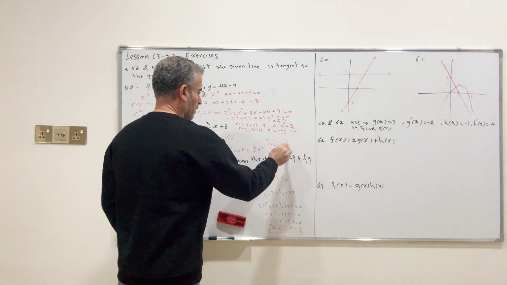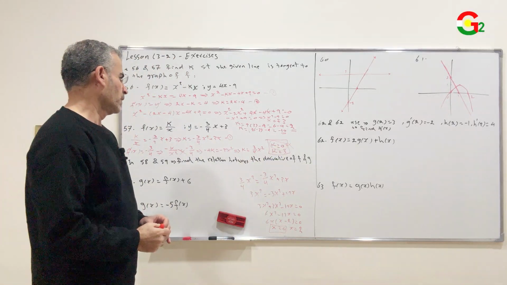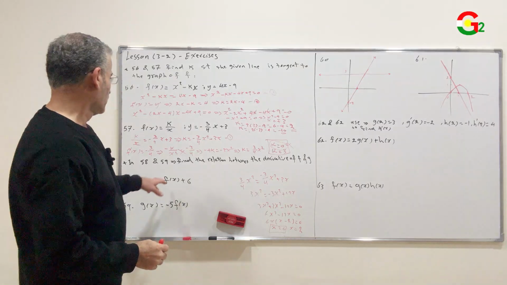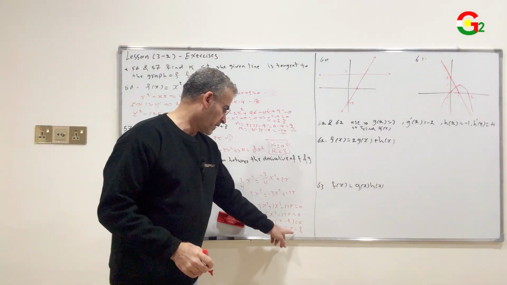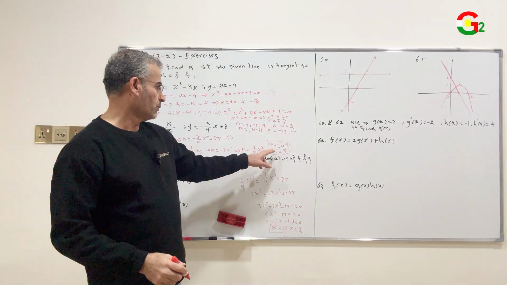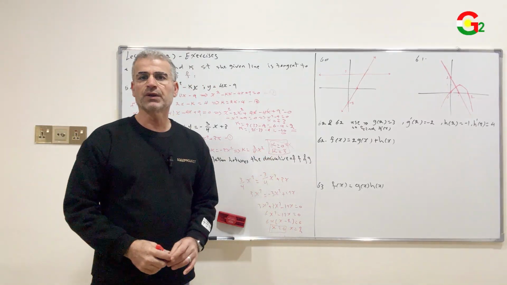Therefore, k equals 0 is not the point of tangency of this line to this function. Therefore, the only solution is when x equals 2, k equals 3.